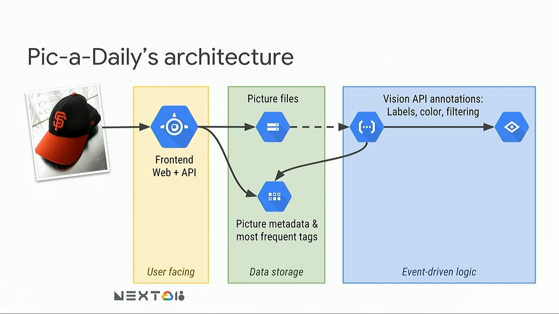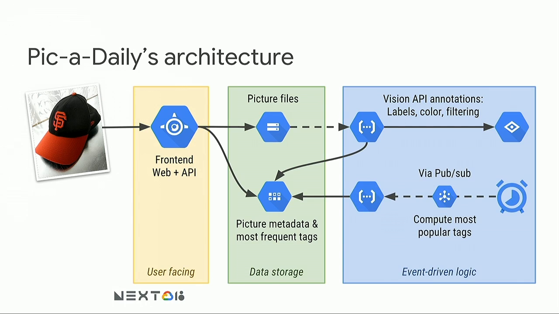So that's one thing. If you remember the popular tags page, the way I implemented it was a bit of an afterthought, but I'm actually going through all the metadata stored in Datastore. So I'm going through all the lines in my Datastore. It's not the most efficient way to do that. It's an expensive query which takes time to run.